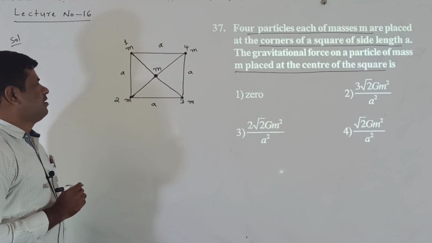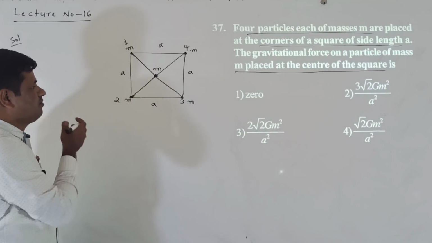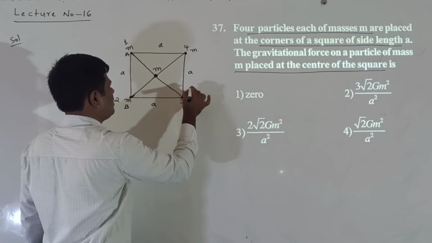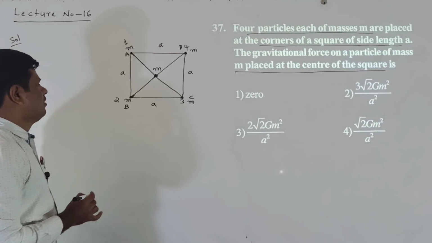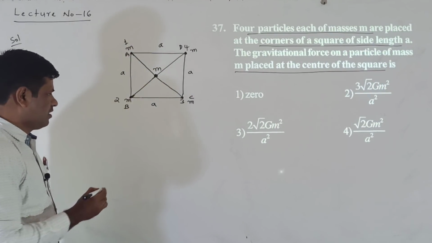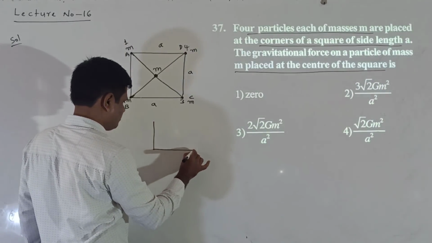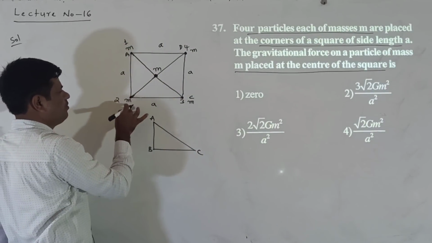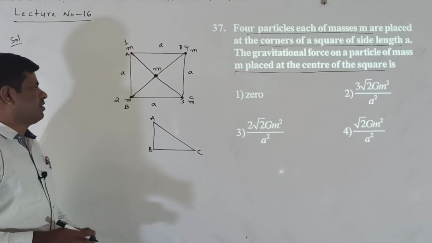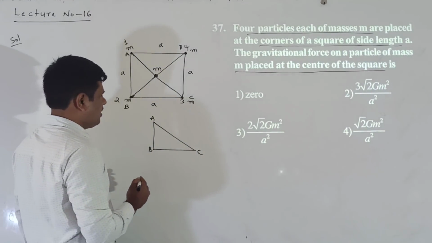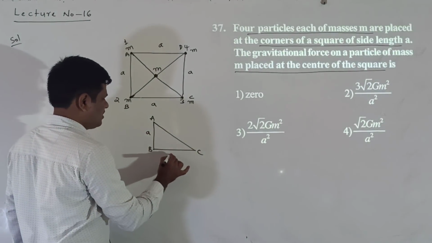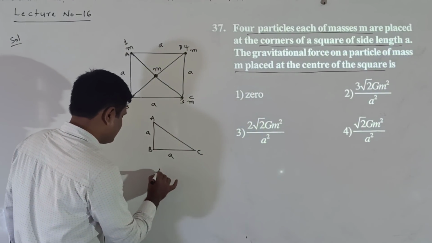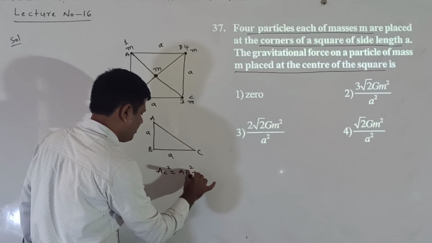Now see here, I label the corners A, B, C, D. Now I consider the triangle ABC, with this side A and this side A. Suppose I want to find AC. By the Pythagoras theorem, AC square is equal to AB square plus BC square.